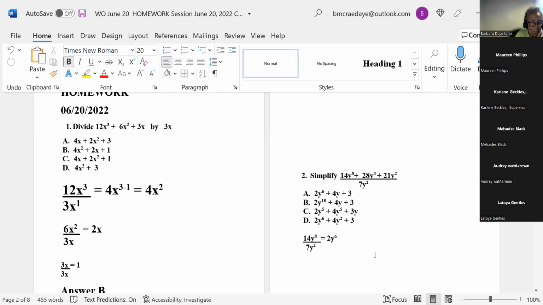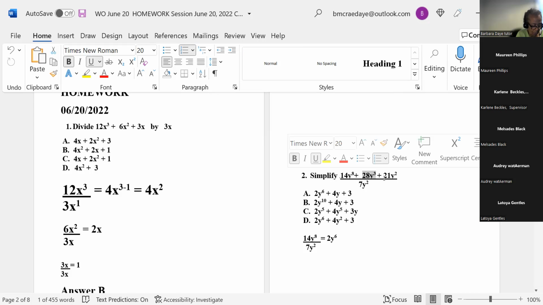Now, 28y to the 3rd divided by 7y to the 2nd gives you what, Mercedes? Remember, you divide each of your terms by the monomial.